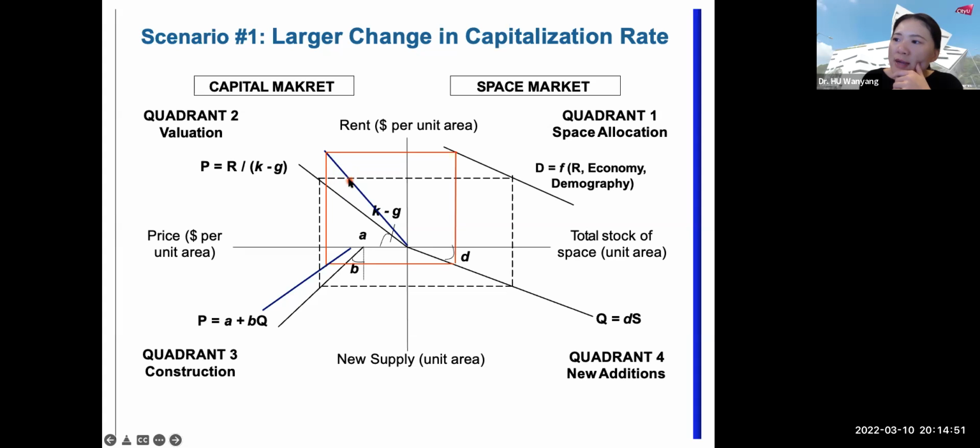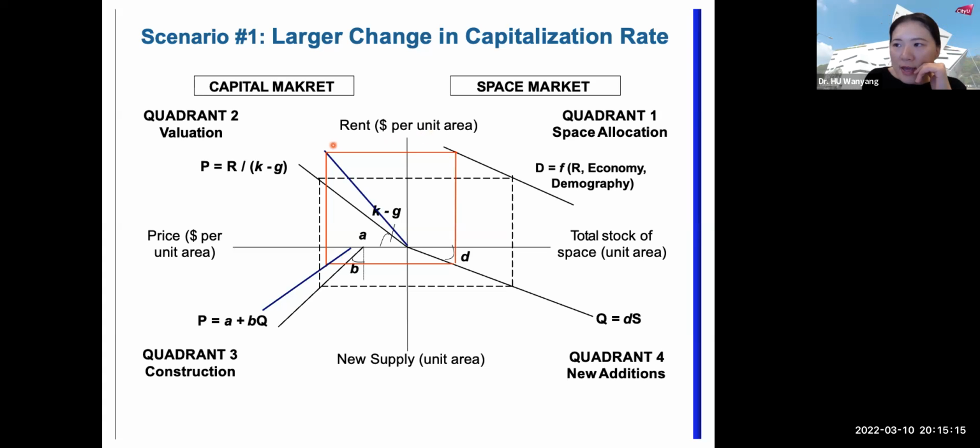If we have a lower price level, the new supply will be lower. When the new supply becomes lower, the stock is lower, because they have a positive relationship. And when the stock becomes lower, the rent becomes higher. So it will adjust back.